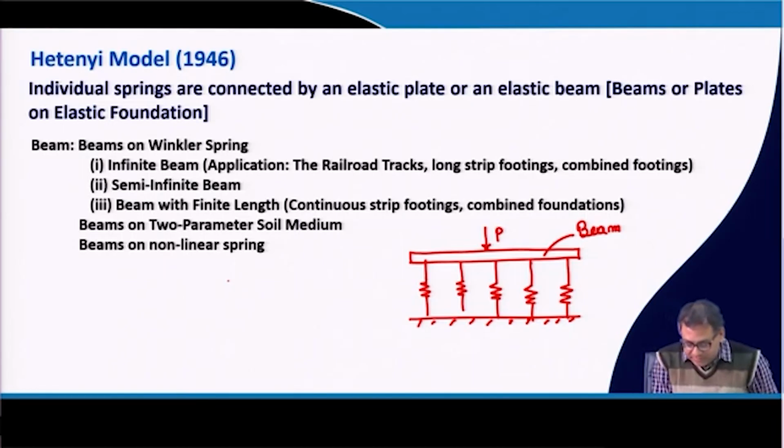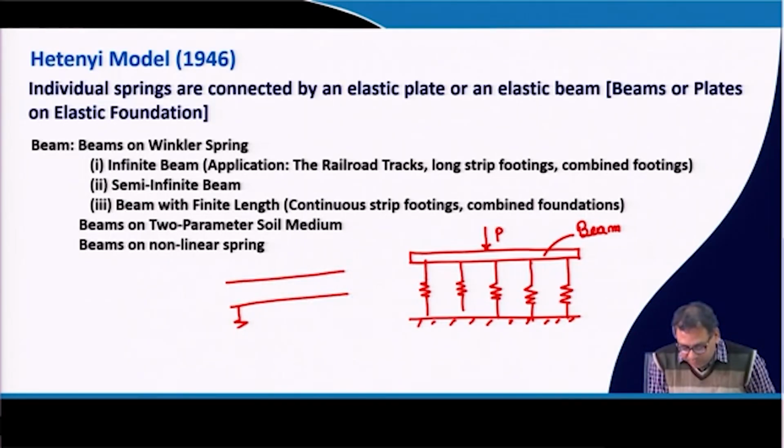Now if you place the beam on a 2-parameter model, so this is the 2-parameter model, this is your shear layer, this is your spring, now you place the beam over here.